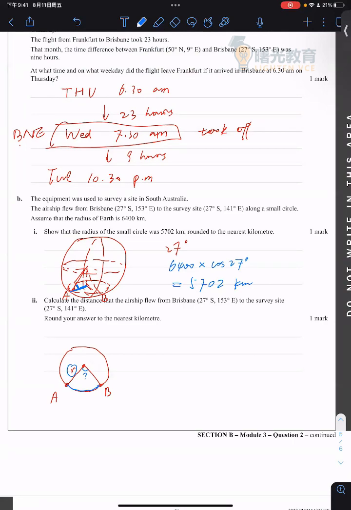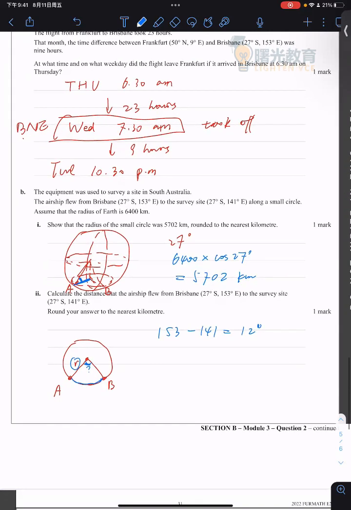We know it started from eastern 153 degrees and finished at 141 degrees. So the difference of this angle would be the difference of this longitude, all right? So that will be 153 minus 141, you would have 12 degrees.